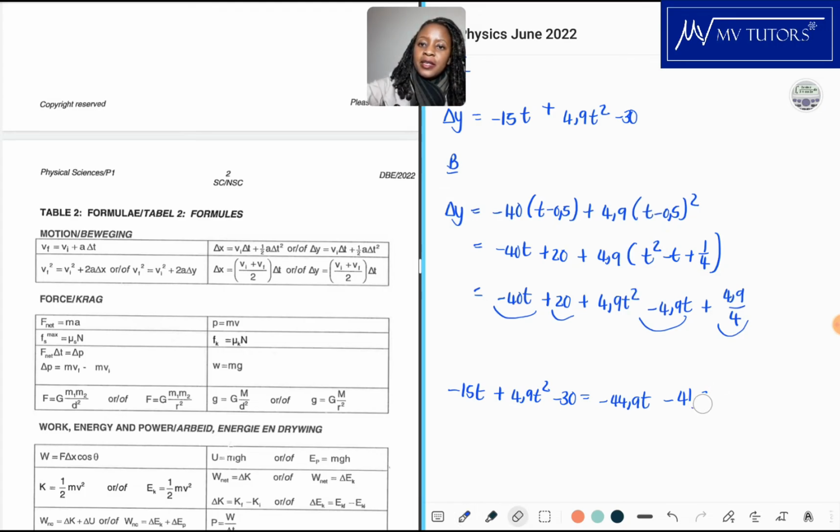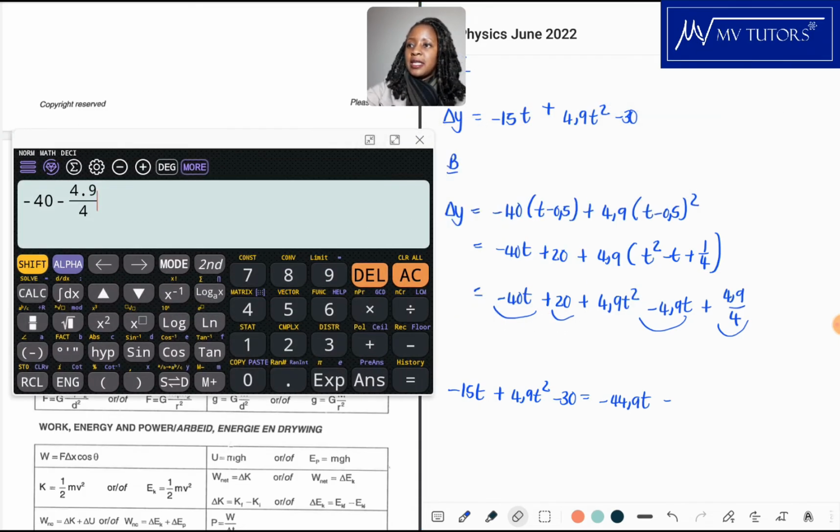I did the wrong thing here. I'm supposed to add it with 20, not negative 40. So it will be 20 plus. Alrighty.